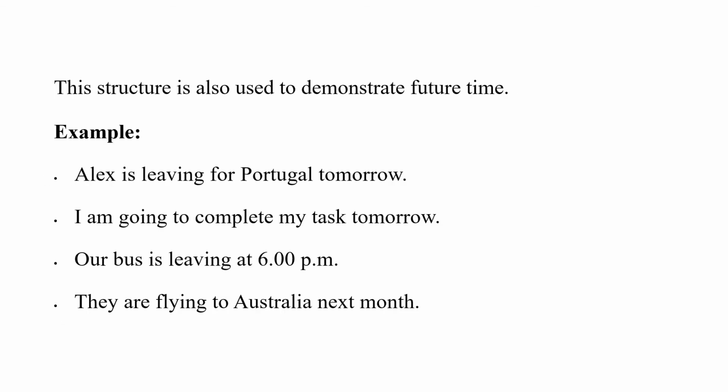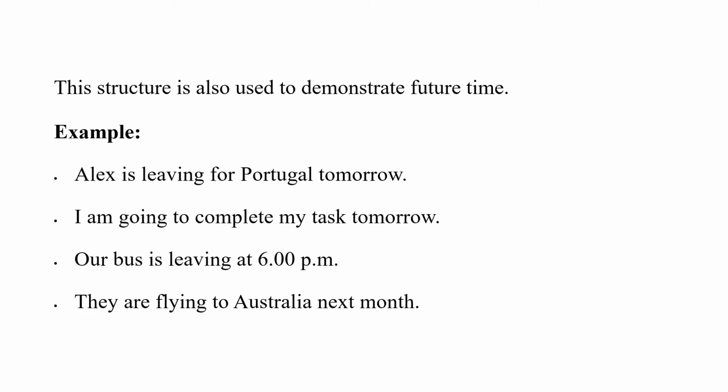This structure is also used to demonstrate future time. There is a difference between tense and time. Though the tense is present progressive, the time indicated is future. Example, Alex is leaving for Portugal tomorrow.